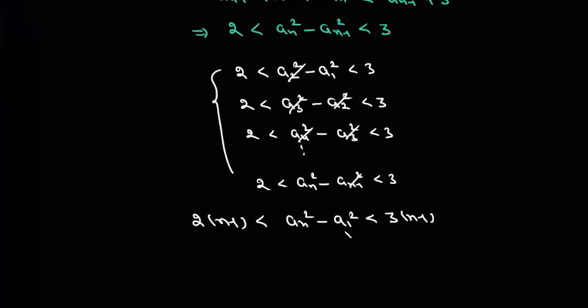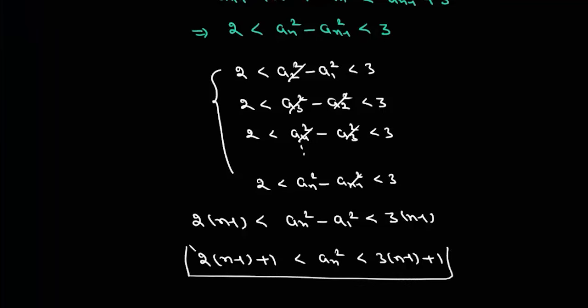Now we are given that the value of a1 is 1. So we can write 2(n minus 1) plus 1 will be less than an square, and will be less than 3(n minus 1) plus 1. So this is the result that we have from the given condition.